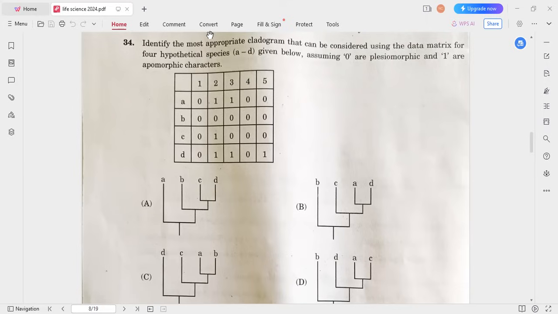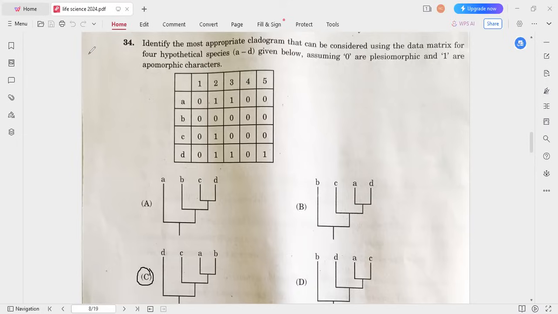I am getting option C as the correct answer, but I'm not sure. So we have to wait till the final answer keys to compare this question number 34. In my point of view option C is the correct answer, but I think it may have been a mistake. So when the final answer keys are released, we'll check. This one is under confusion.